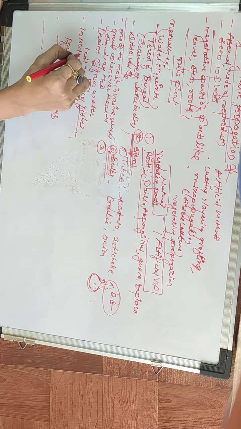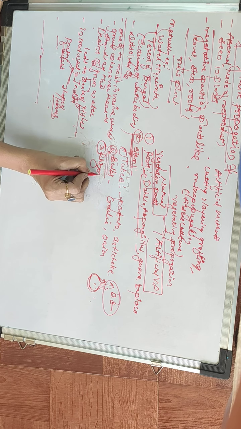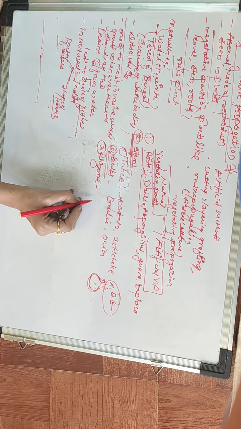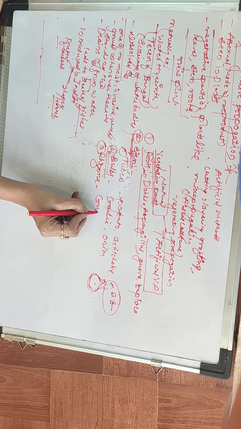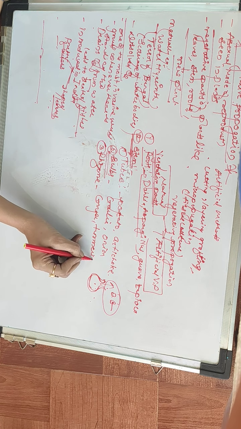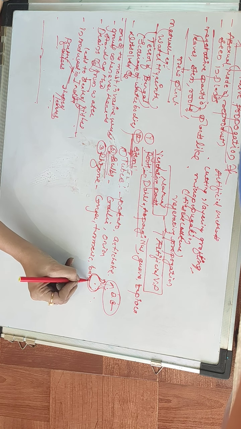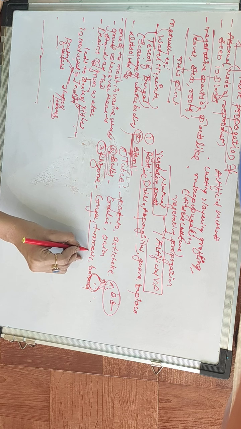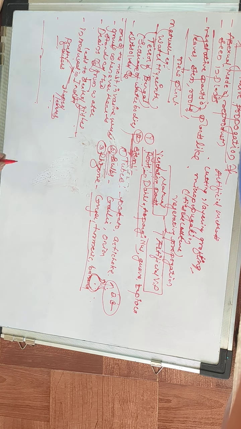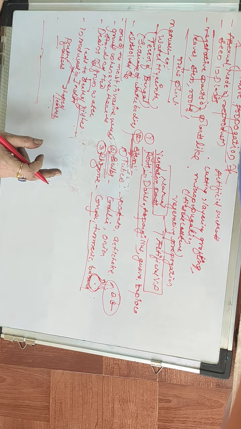Then the third part is known as rhizome. Rhizome, you know, ginger, turmeric, and banana also. What is meant by rhizome?